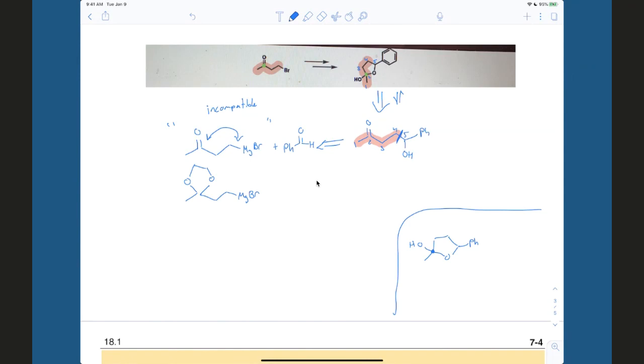The incompatible part is a Grignard can react with a ketone. I'm pointing at both, but it really would be like this would attack this. It probably wouldn't be intramolecular, but Grignards react with ketones very quickly. So you wouldn't be able to make a Grignard with a ketone on the existing molecule because they would immediately start to react with each other before doing the reaction you want. What you can do is put in a protected version of the Grignard, and that'll be safe.